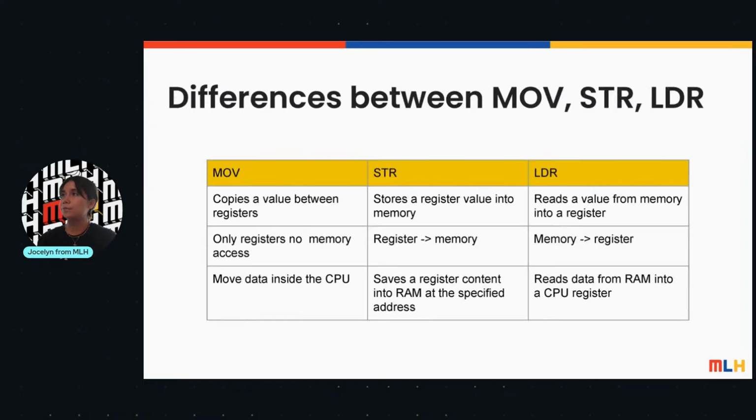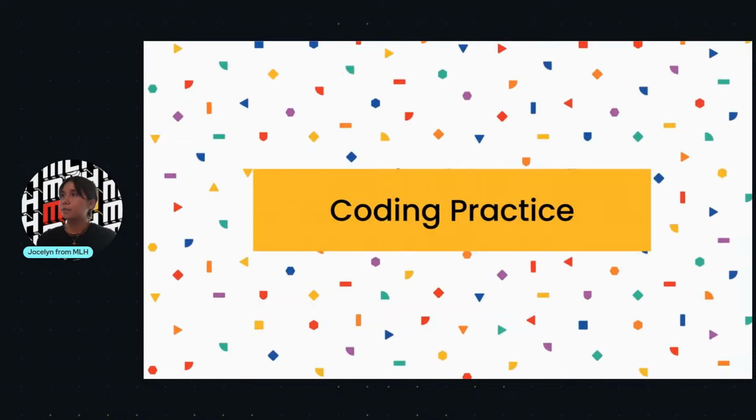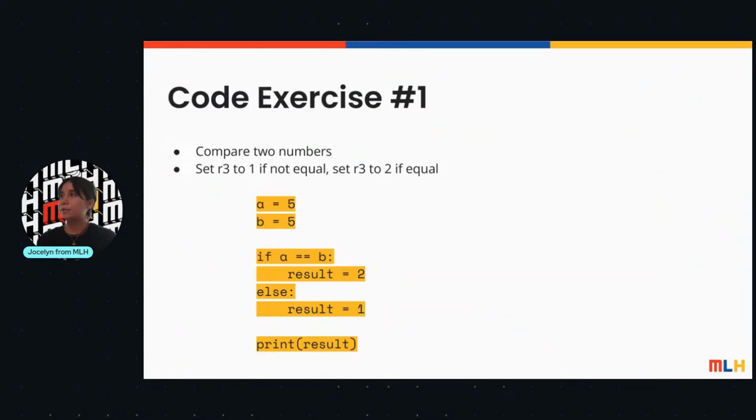Thank you so much. Great, so let's continue with our coding exercises. The first one is comparing two numbers. I mentioned before that for comparing two numbers, we need a set of 3 things: the comparison, which is the instruction CMP, our branches, and the flags. So 3 different concepts in there.